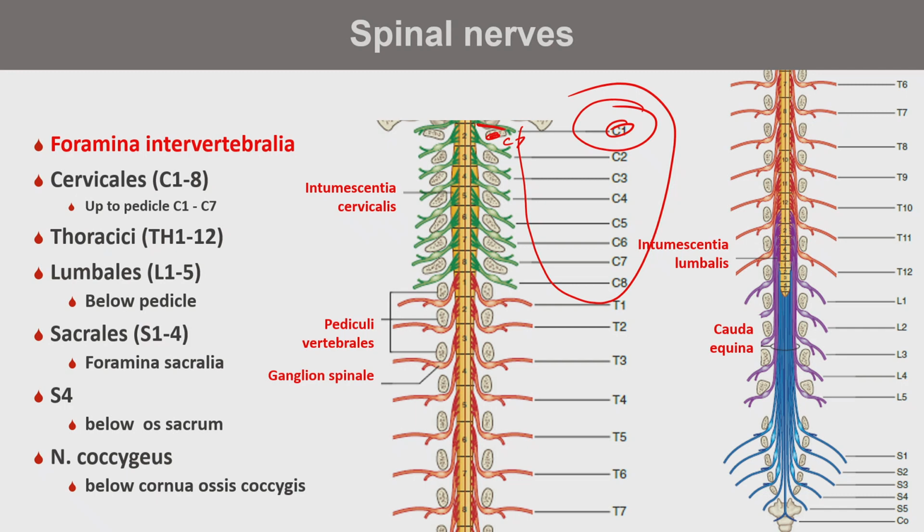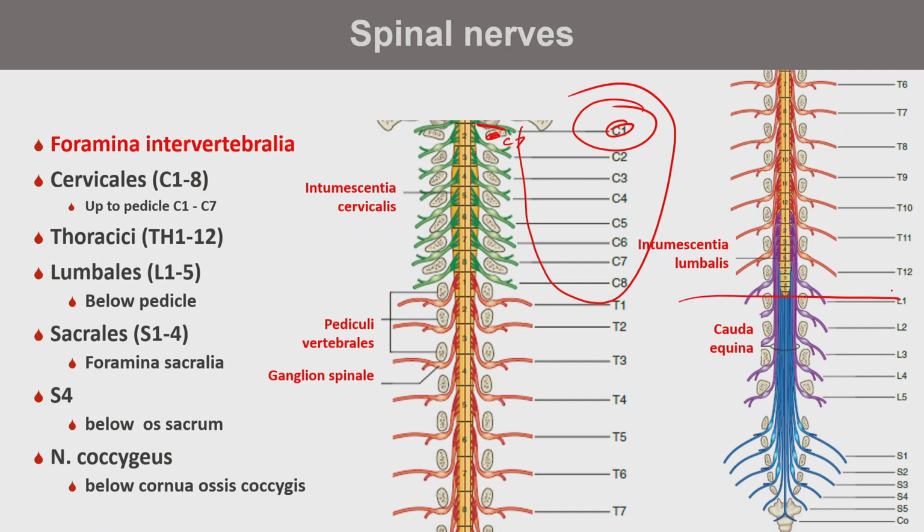Sometimes it could be only one of the roots, sensitive or motor. So with L2, 3, L2 is affected below. At the level of C5, C6, it's a C6. Yeah? Very important.